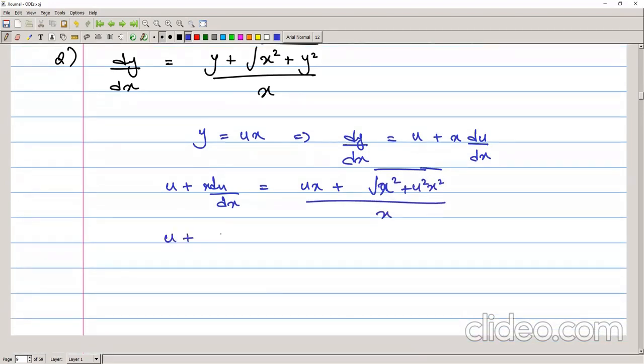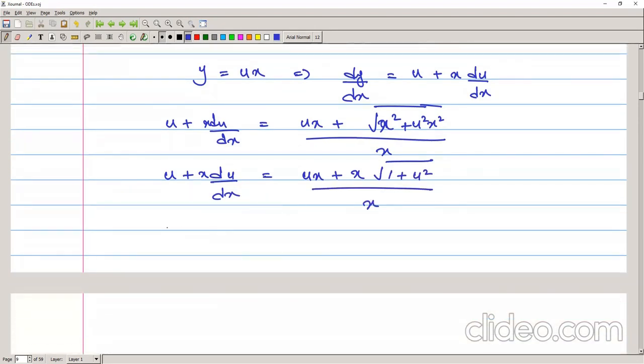So it will be u plus x du over dx is equal to ux plus, then we can take x squared common, and when we move it outside the square root, we will get x, so it will be like this.